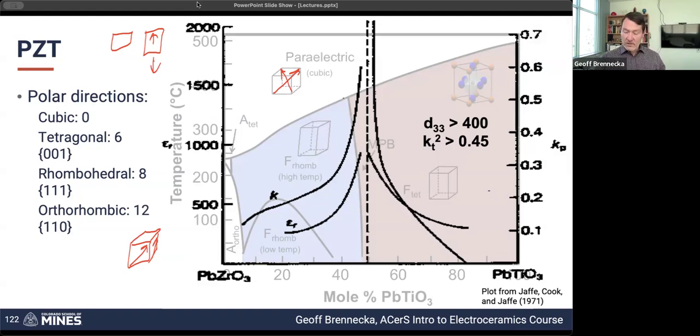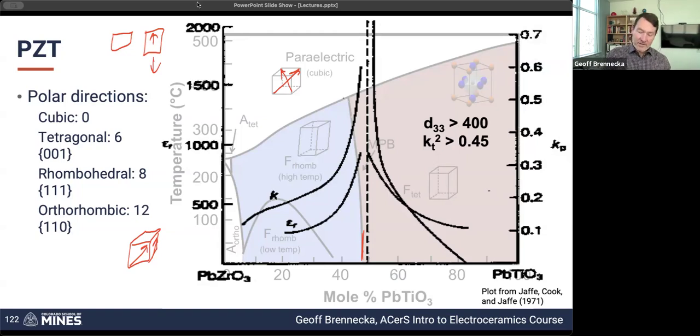What that means is, let's say you're sitting right here at the morphotropic phase boundary, and you apply an electric field. If you're right there at the phase boundary where the material can't quite decide if it wants to be rhombohedral or tetragonal, and from an energy perspective, adding that electric field can shift it just a little bit one way or the other. So maybe just a tiny little electric field is enough to make this local region say, you know what, I would be tetragonal, but this is pushing me towards rhombohedral because the polar direction is 1, 1, 1, and this is pulling me in the 1, 1, 1 direction.